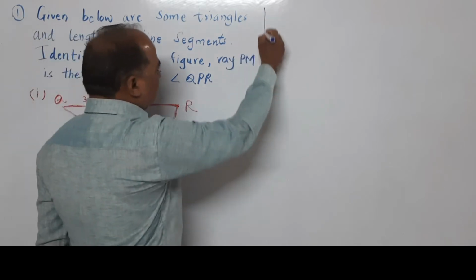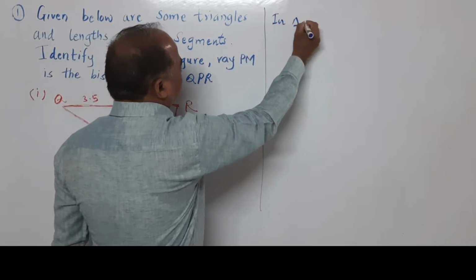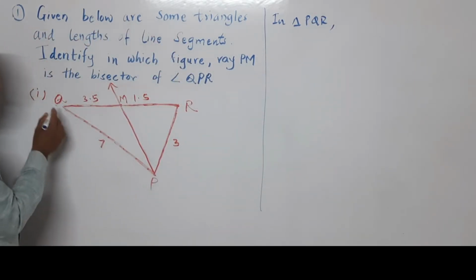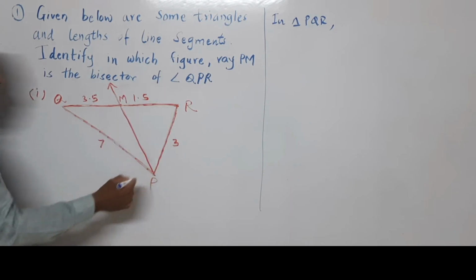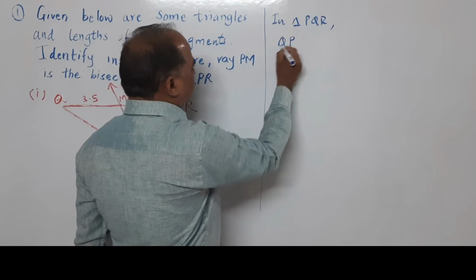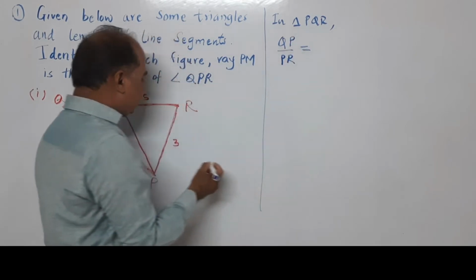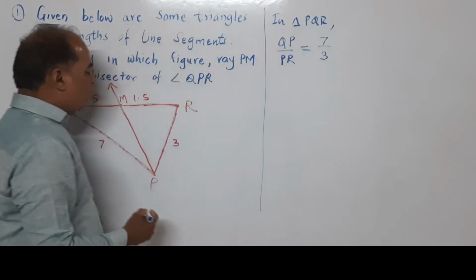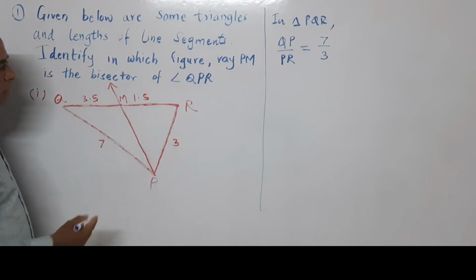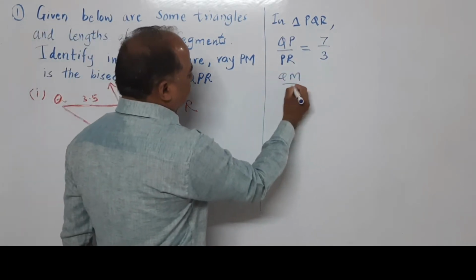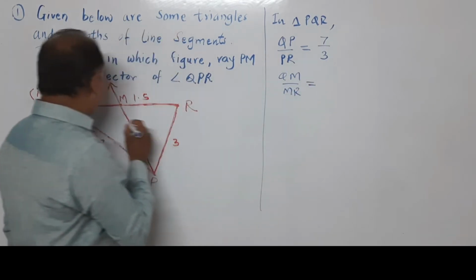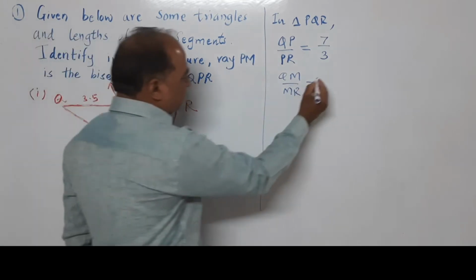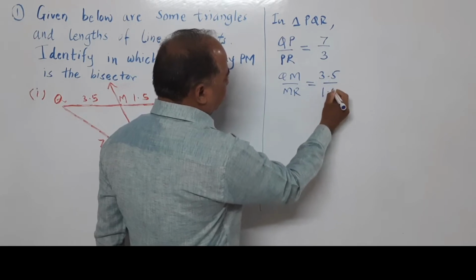In triangle PQR, the ratio QP upon PR is equal to 7 upon 3, and QM upon MR is 3.5 upon 1.5.